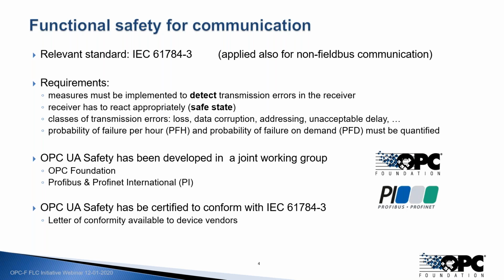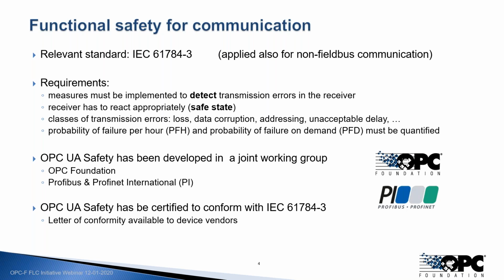And even more, you have to be able to detect misaddressed telegrams, telegrams which were sent to the wrong receiver, or telegrams where everything is okay, but they are simply too late. So they took too much time. And in a real-time system, this can be dangerous.